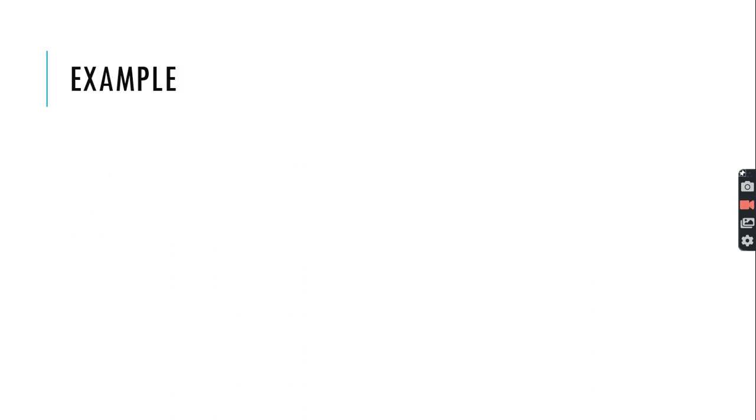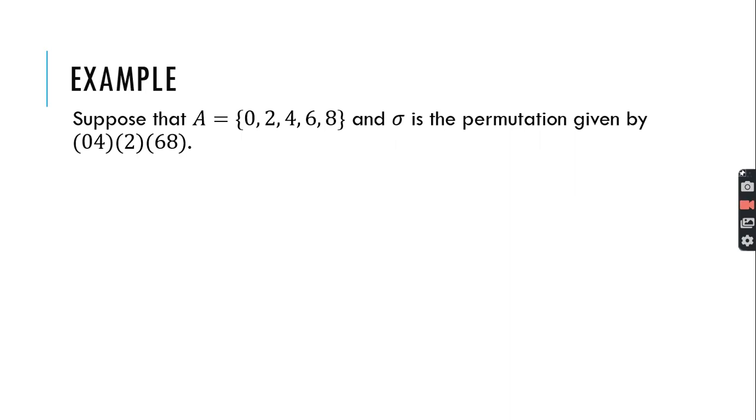Let us have some example. Suppose that A contains the set of 0, 2, 4, 6, 8, and sigma is a permutation given by (0 4)(2)(6 8). Take note that the given permutation is in cycle notation, which means that 0 maps to 4 and 4 maps to 0. 2 maps to itself, 6 maps to 8, and 8 maps to 6.